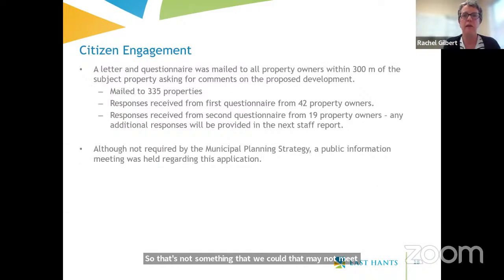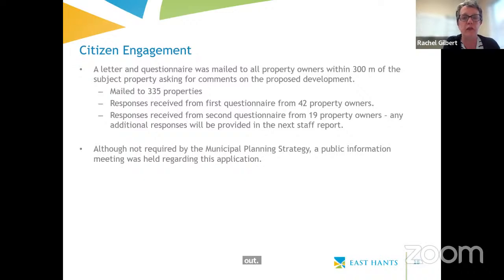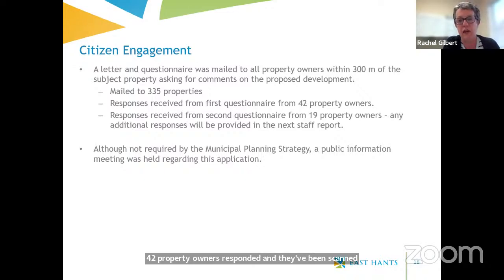So questionnaires were mailed out to all properties within 300 meters. From those questionnaires, the first batch that was sent out, 42 property owners responded, and they've been scanned for PAC to review. And then the second questionnaire, 19 responses have been received, and they've been scanned for PAC to review.